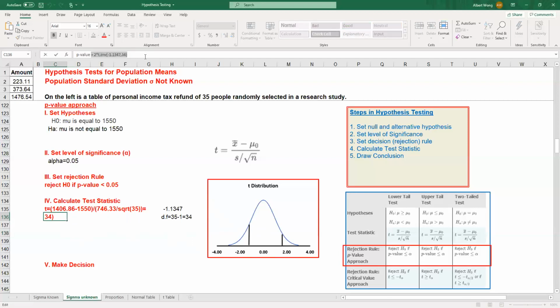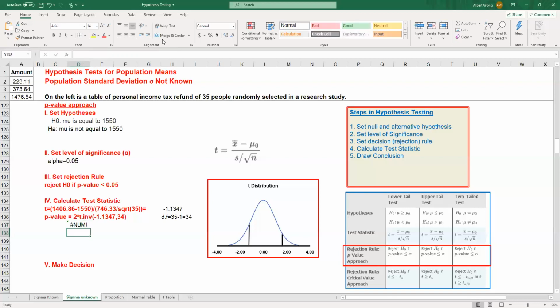Okay, so let me just copy this down and then find out what the p-value is. Okay, something wrong here. So let me just fix it. So let's just do it again. Equal sign, 2 times T.DIST, negative 1.1347, and then 34.